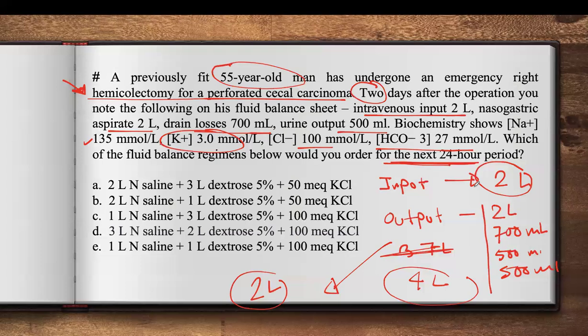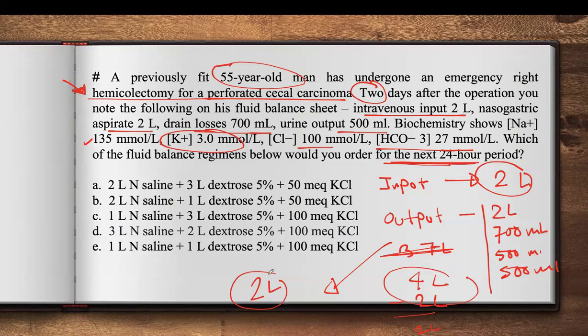So first of all, this patient is losing 4 liter from all this, and you are giving 2 liter fluid to this patient. So just minus, okay? So this patient actually has a 2 liter fluid deficit, 4 minus 2, quite simple.